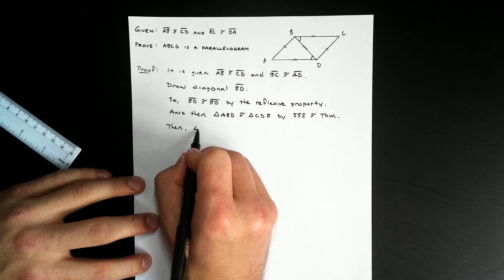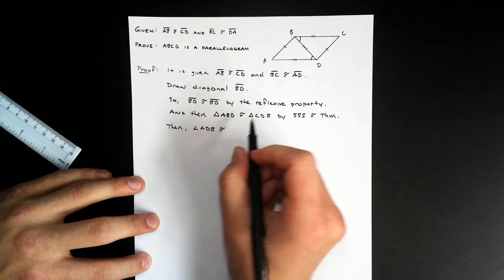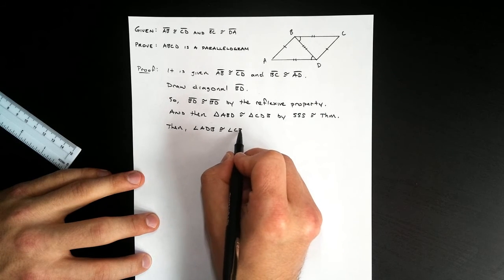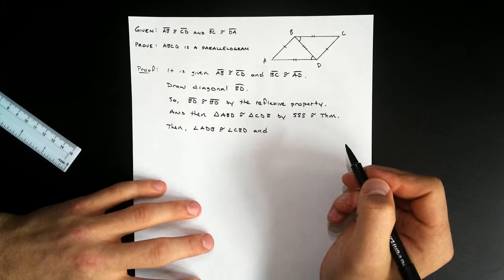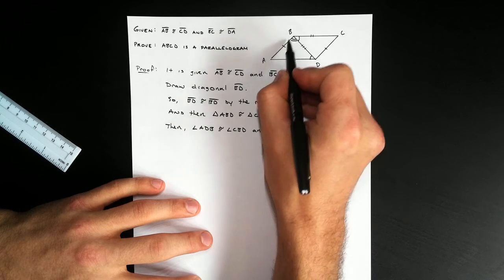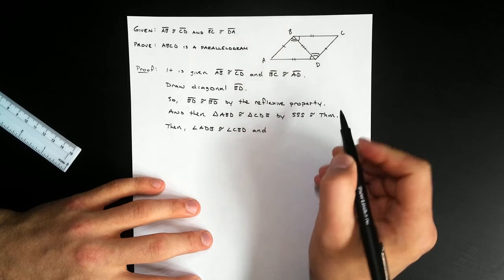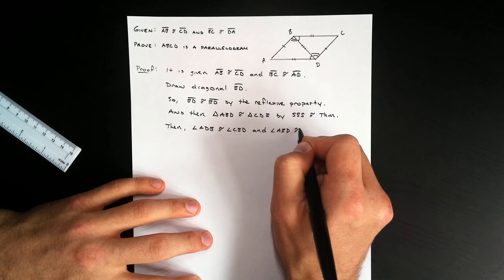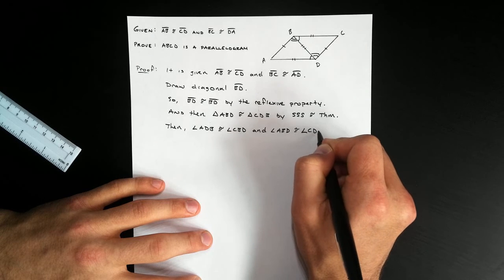So we know that angle ADB is congruent to angle CBD. And also, if we look at a second pair of angles, we know that angle ABD, this angle here, has to match up with that angle there. So angle ABD is congruent to angle CDB.